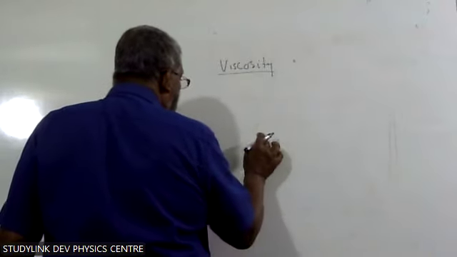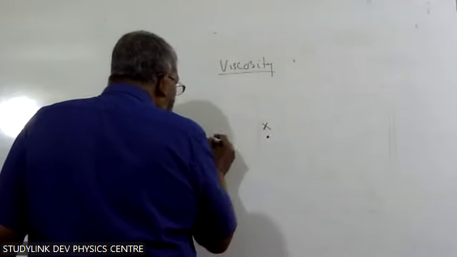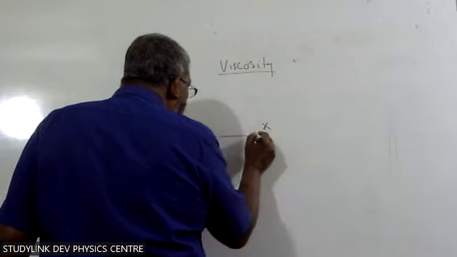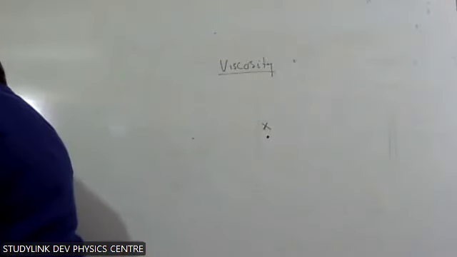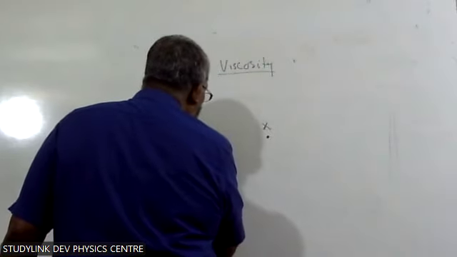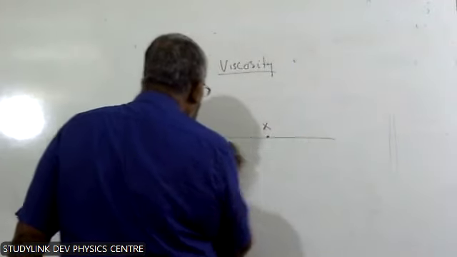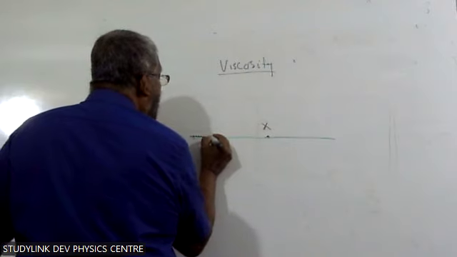This is a point X. In a streamline, there are many particles coming through this point, not only a single one.